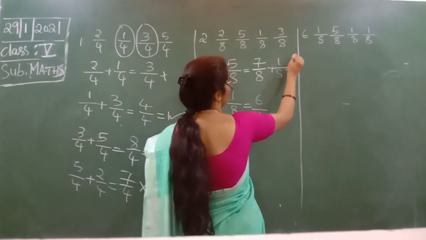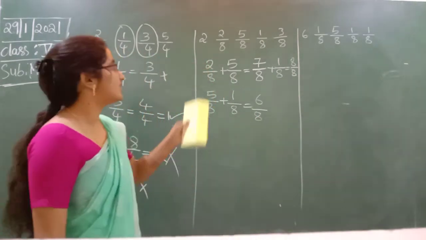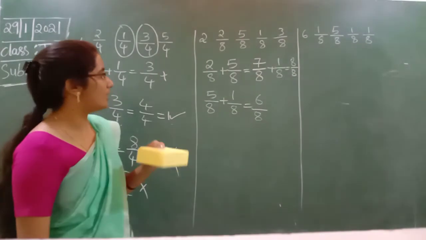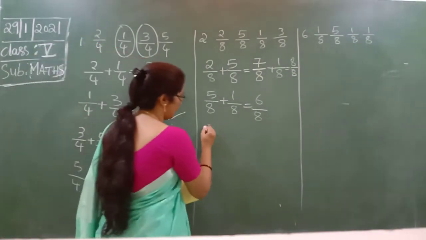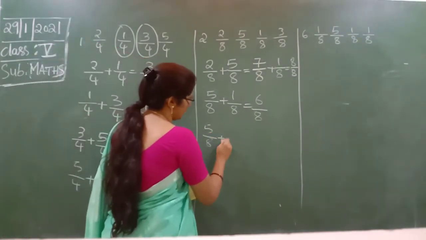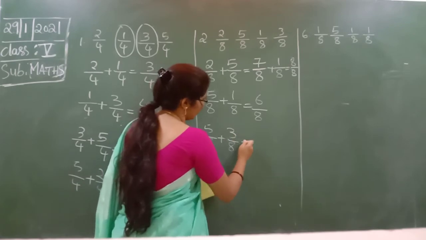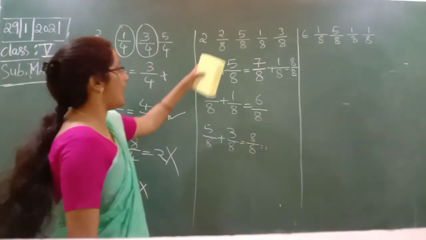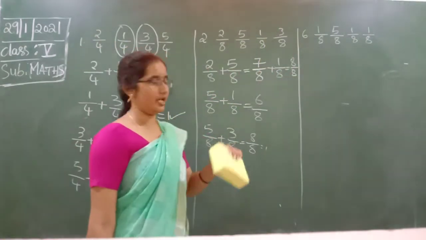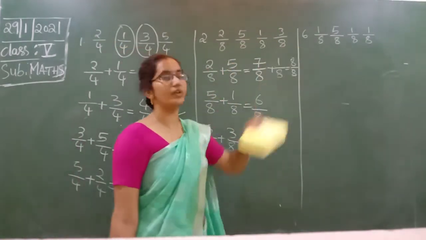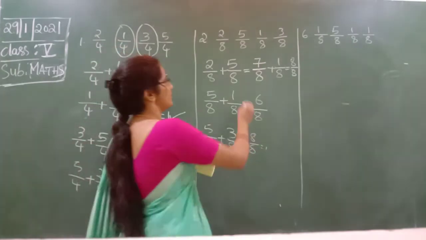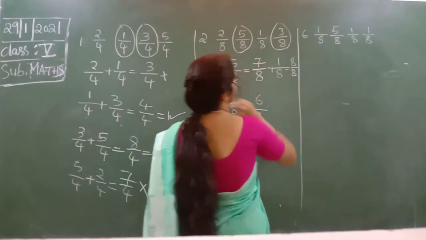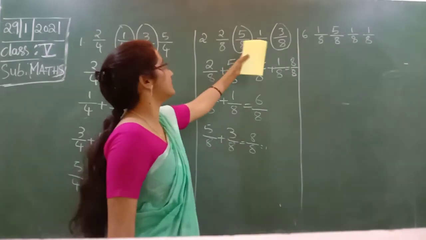That answer will be 1. If we add 3 here, we will get 1. And we have another one also. 5 by 8 plus 3 by 8 is equal to 8 by 8. This is also 1. We can add this 3, we get 8 by 8. Again we can add this 2, we get 8 by 8. We have two choices here. But I am circling only this one. If you want, you can circle this 3.